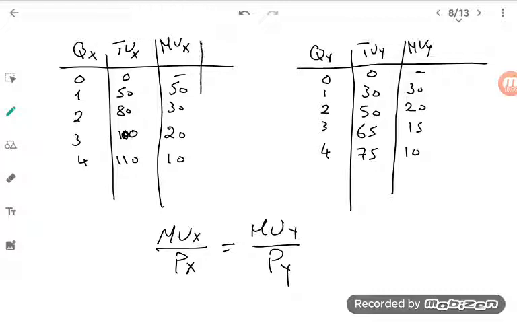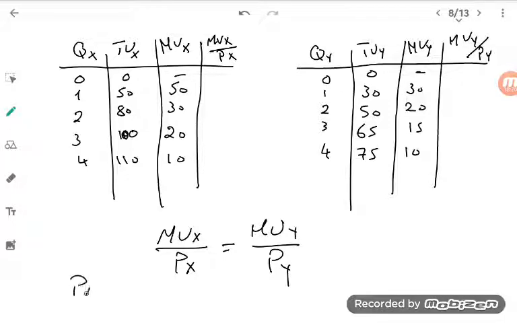How? We have to calculate marginal utility per dollar for each commodity. If you know that the price of X is 5, and the price of Y is 5 as well, so this will be 50 divided by 5, it's 10. 30 divided by 5, 6. 20 divided by 5, it's 4. 10 divided by 5, it's 2.